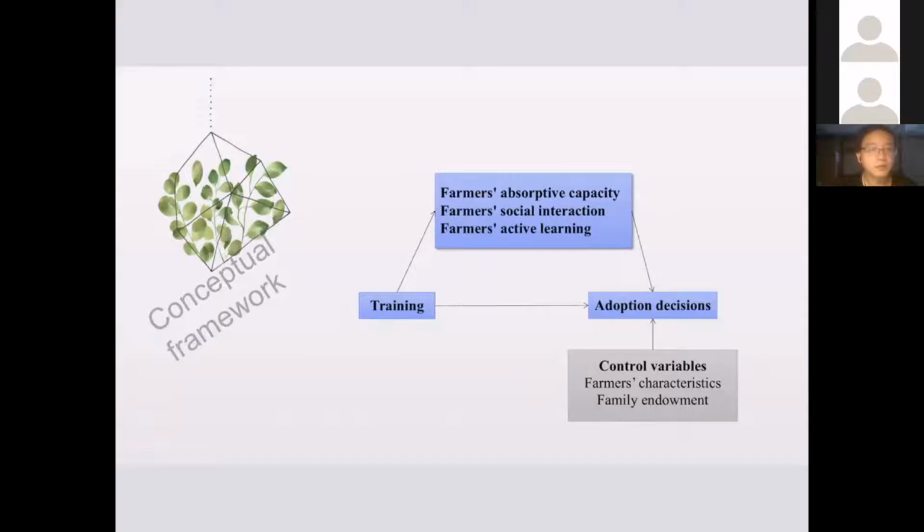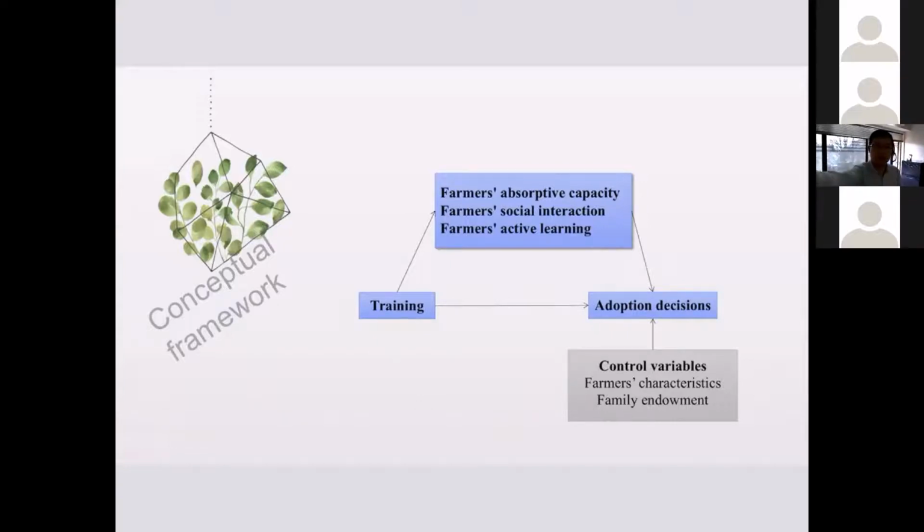Besides, we think agriculture training provides a channel of active learning for farmers and links to the adoption of the DFS. As the technology is new to ordinary farmers, they have to invest time and energy to understand it by learning. During the training, trainers may suggest farmers use their smartphones to access useful information about the new technology, and the trainers can also organize the trained farmers to establish communication groups by WeChat.